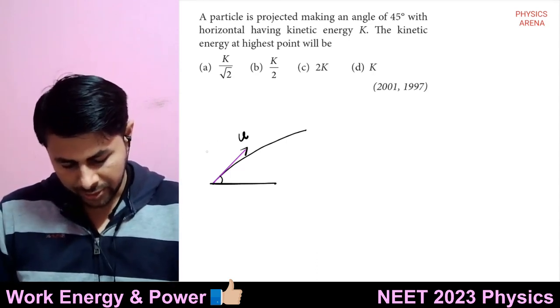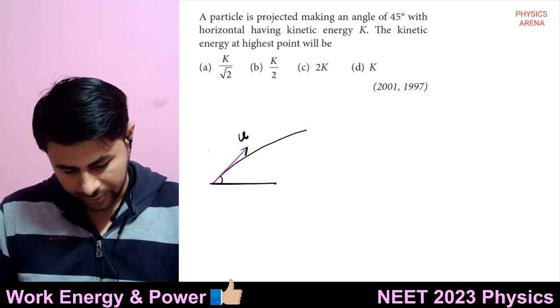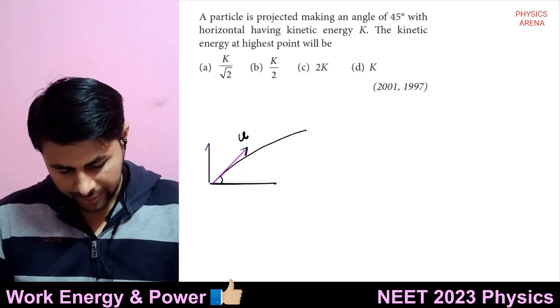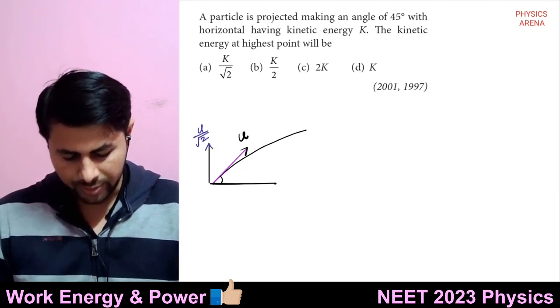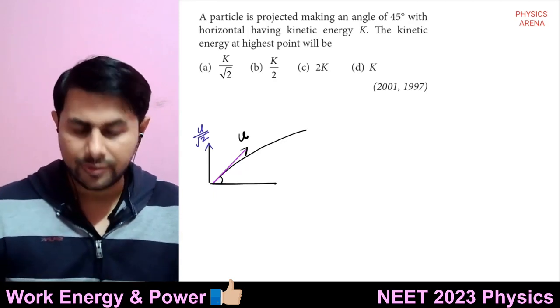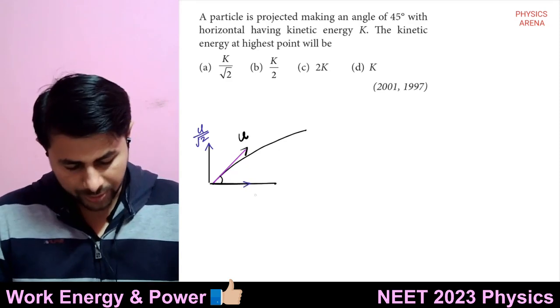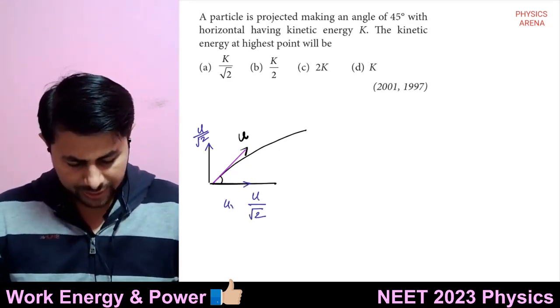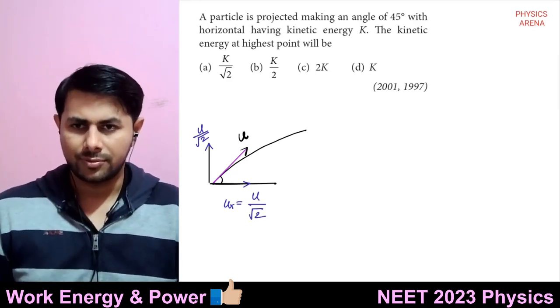It is 1 upon root 2, 1 upon root 2. So this will be u sin theta, that is u upon root 2, because sine of 45 is 1 upon root 2, and this will be u cos theta, which is 1 upon root 2. So the x component of velocity is u upon root 2, and the y component of velocity is also u upon root 2.